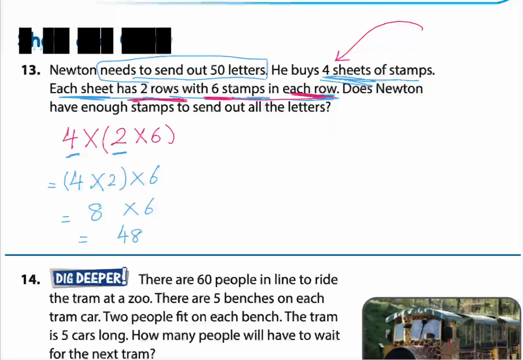How many letters would he like to send? 50. So, the answer is yes or no? He has only 48 stamps. No. 48 is less than 50. So the answer should be no.